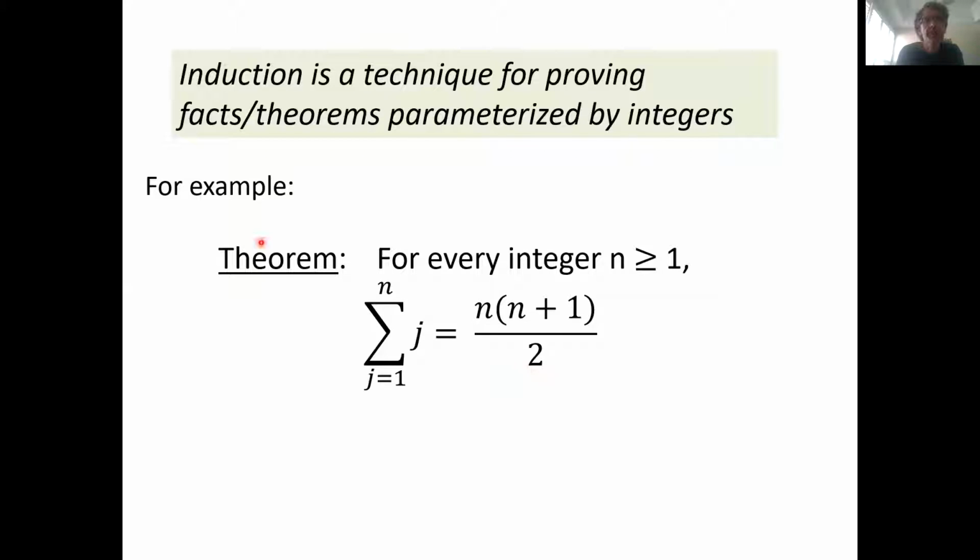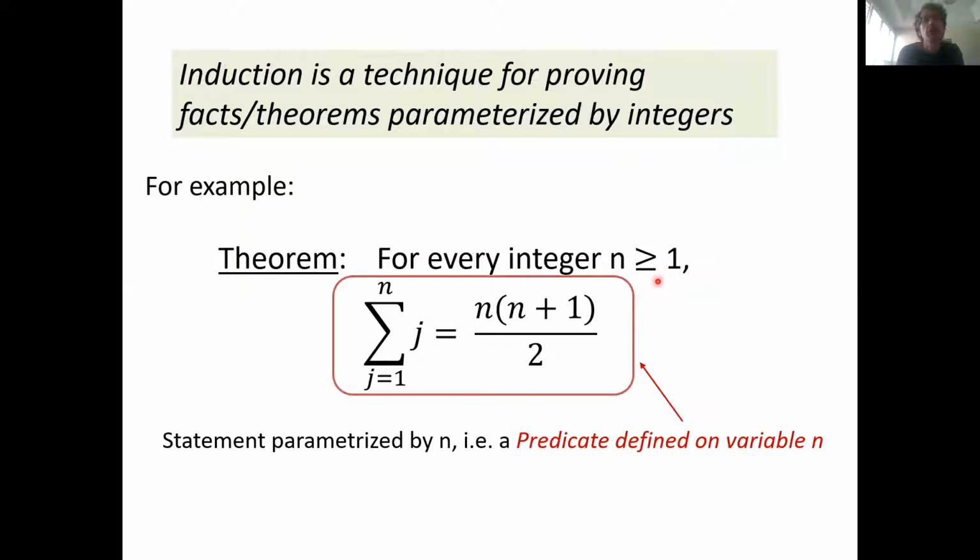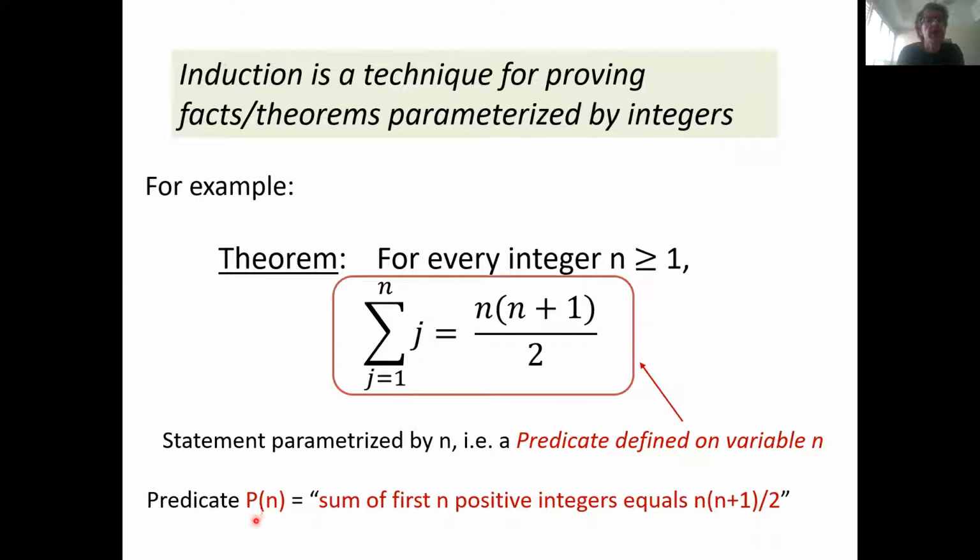This theorem claims that the predicate is true for all integers n from 1 on. In what sense is it parameterized by n? This is a predicate involving n, and we can call it, for example, P of n. In this case, it's that the sum of the first n positive integers equals n times n plus 1 over 2, in other words, the statement in the box.